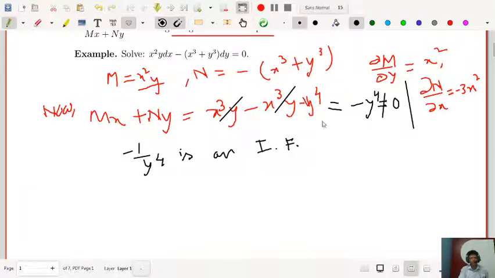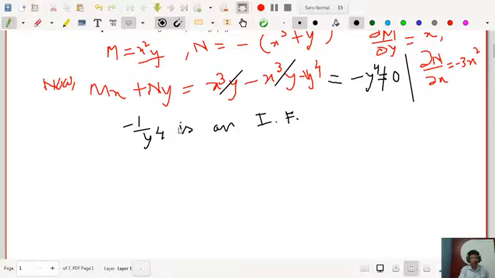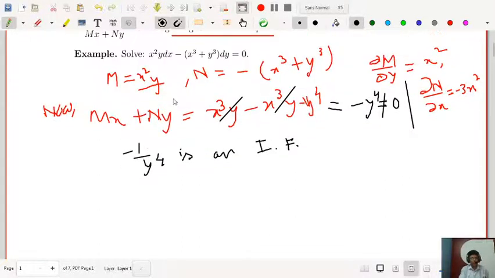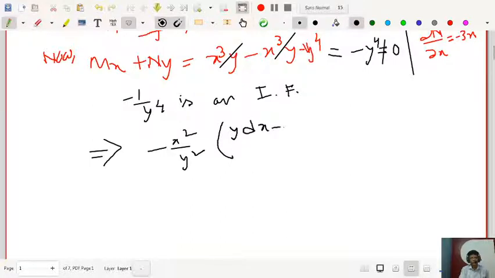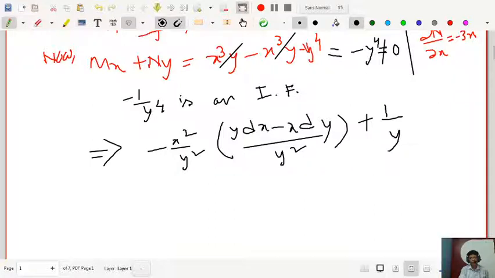So what you will do with this integrating factor, you will multiply the whole equation with this integrating factor. Multiplying and rearranging, you will get x square by y square into (y dx minus x dy) by y square plus 1 by y dy equal to 0.